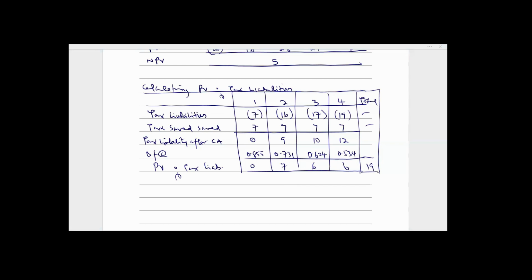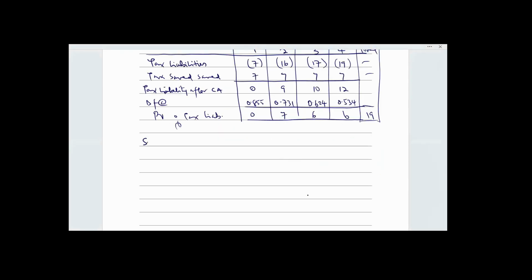So I would say calculating sensitivity margin of tax liability, which is calculated as the net present value divided by the PV of tax liability, all multiplied by 100 over 1.